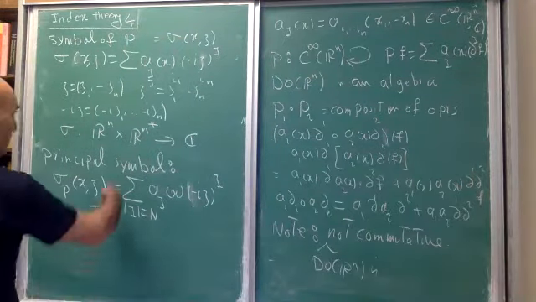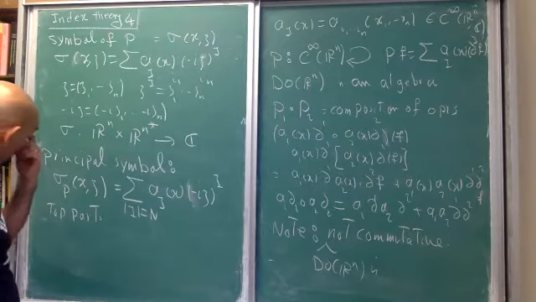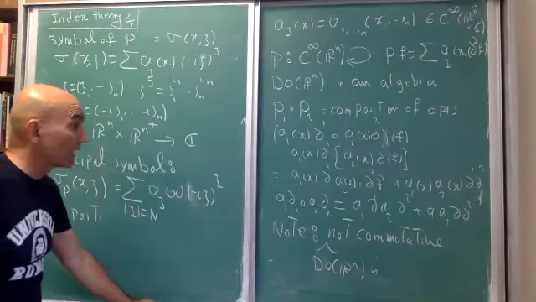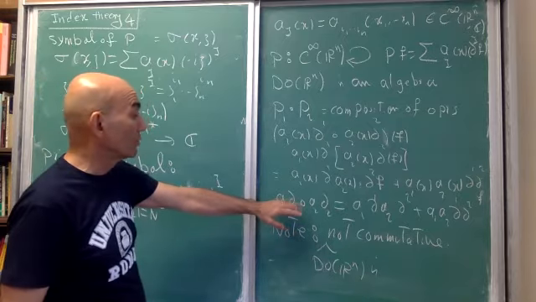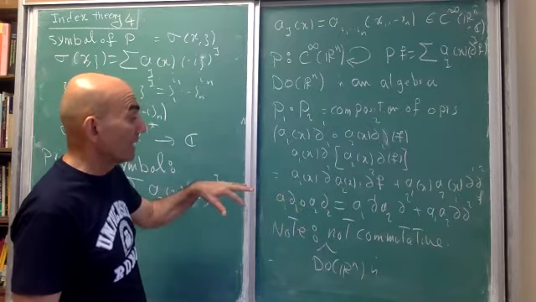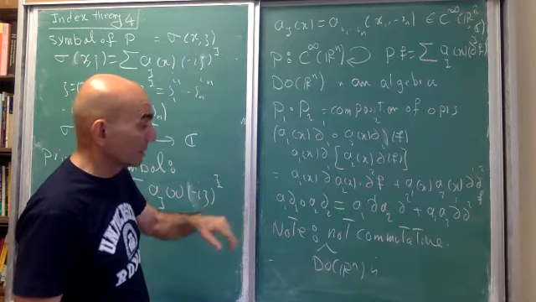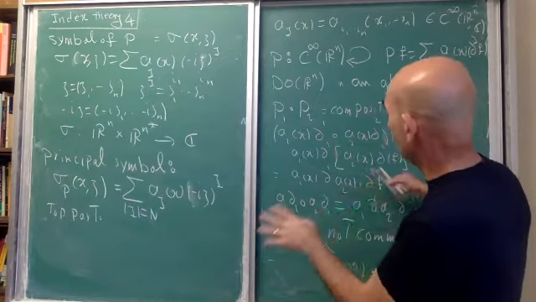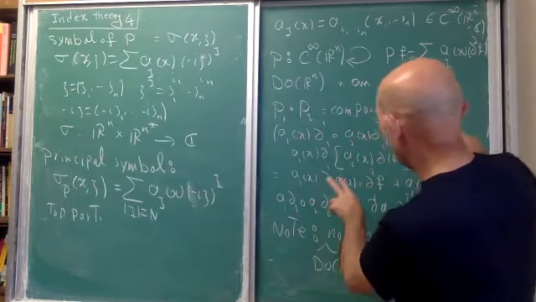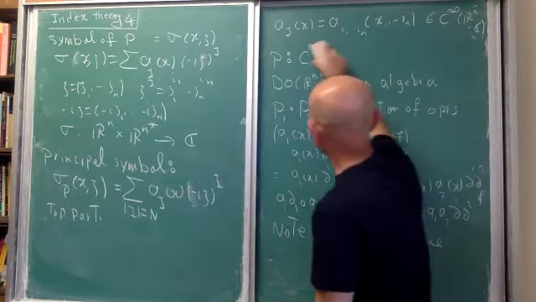Now, it's not difficult to see that when you multiply two differential operators, the symbol of the product has a complicated relation to the symbols of the individual parts, but the top part is always very easy to understand.